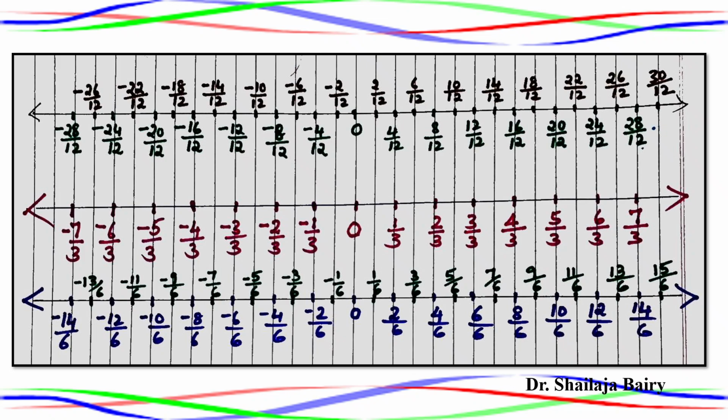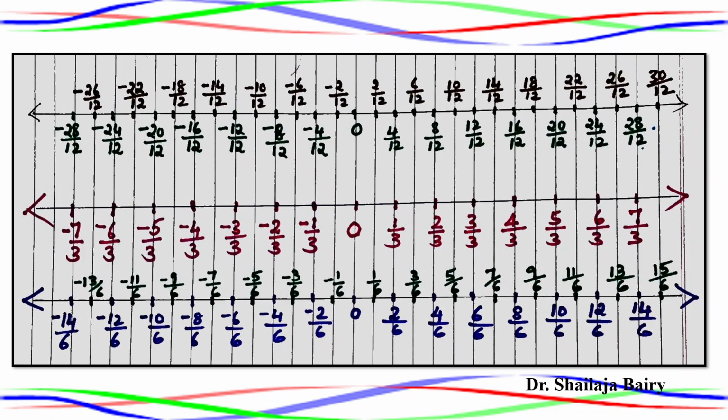So if you consider the top number line, the same distance previously which we used from minus 7 by 3 to 7 by 3 is now depicting minus 28 by 12 up to 28 by 12. So 28 by 12 is equal to 7 by 3, and minus 28 by 12 is minus 7 by 3, and there are other numbers also in between.